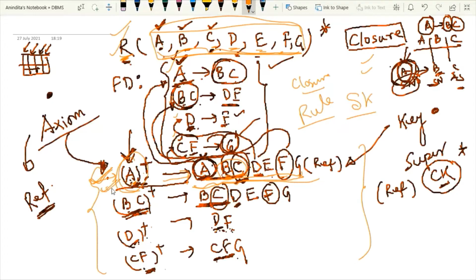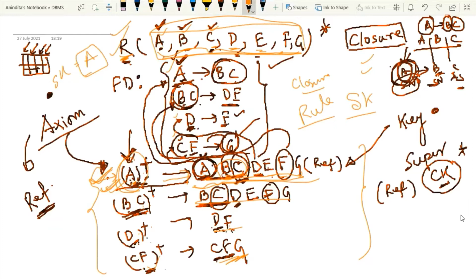Attribute A is the super key. This is how you can identify it. What about B, C, D and CF? Definitely they are not super keys, because here A is absent. Here all other attributes except DF are absent. Here also the same thing. Not all the attributes are reachable from these values. So in this table we have only one super key, that is A.